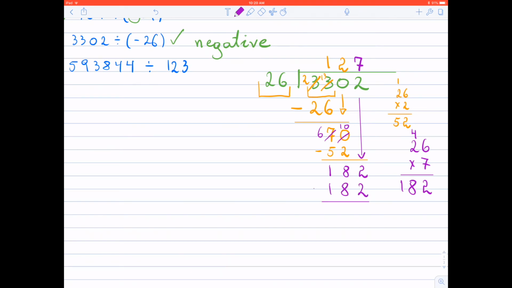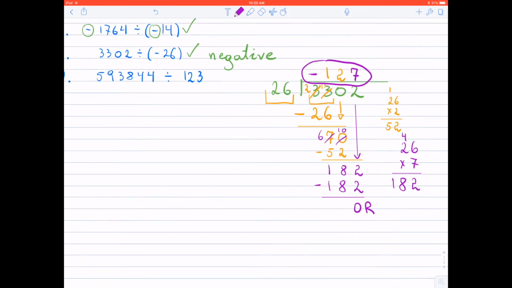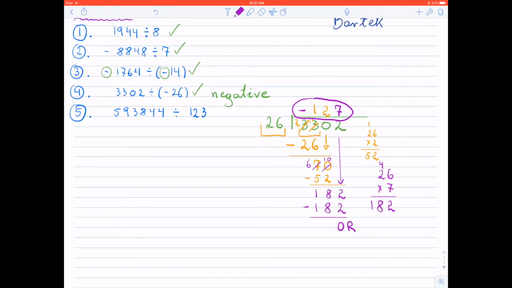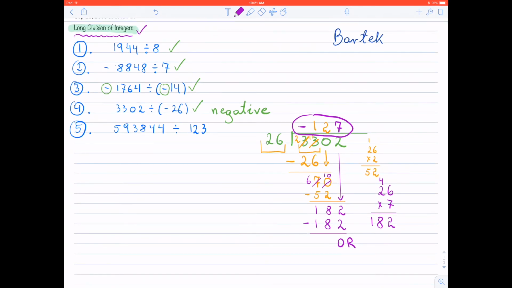And that would be, so subtract, we have no remainder. This is our answer, except it's negative. So this is what we would have. Okay, so that is question number 4 that you see. Let's take a look at question number 5, which is your last one. So I'll erase this.